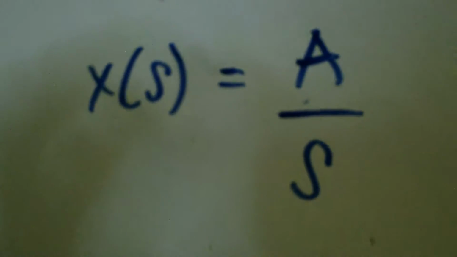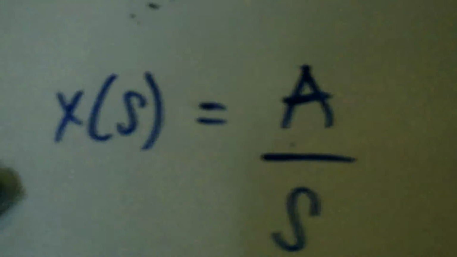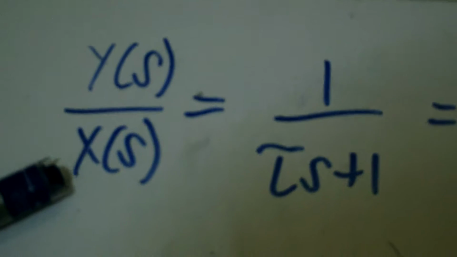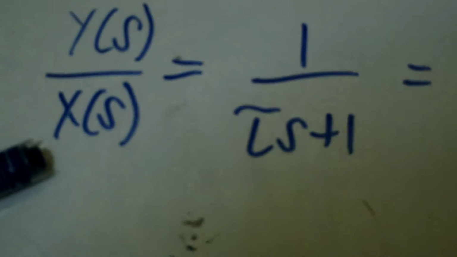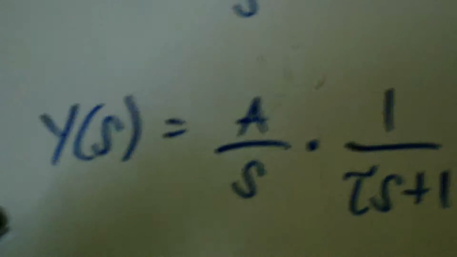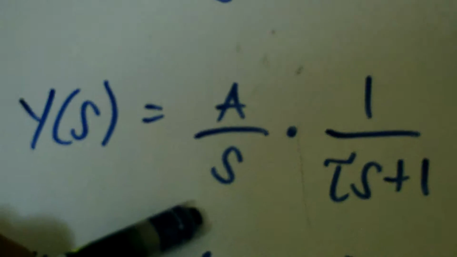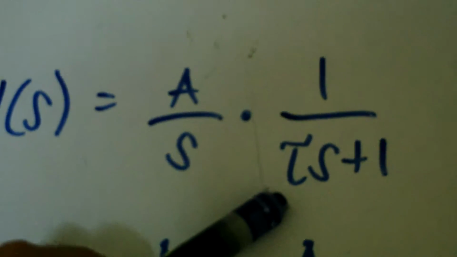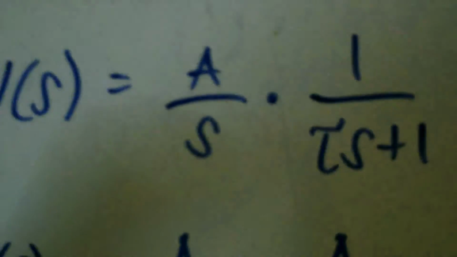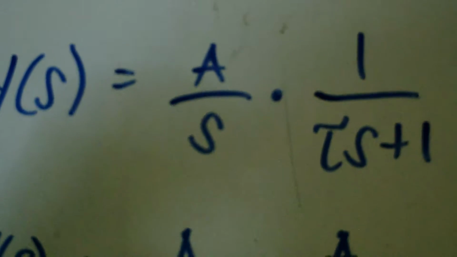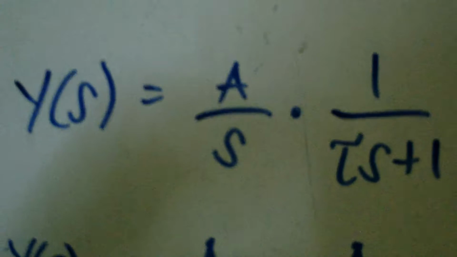Now substituting this X(s) into the function Y(s) over X(s) equals 1 over tau s plus 1, we have Y(s) equals A over s times 1 over tau s plus 1. As you can see in this expression, we can solve this by partial fraction.